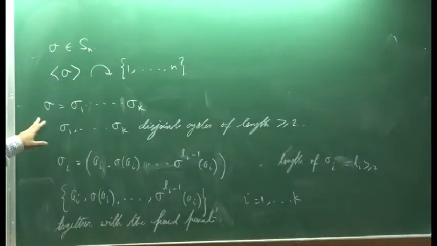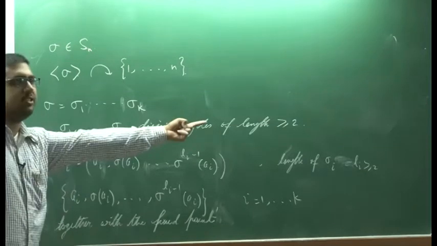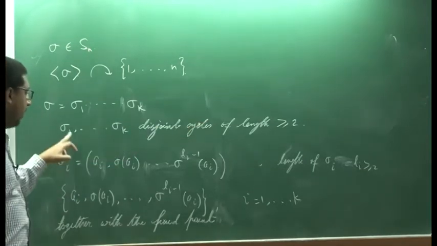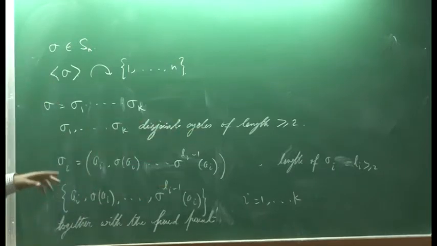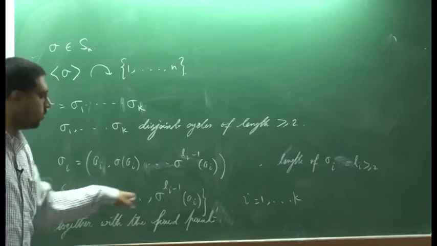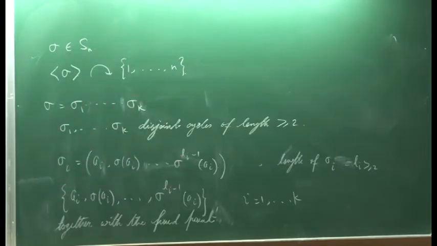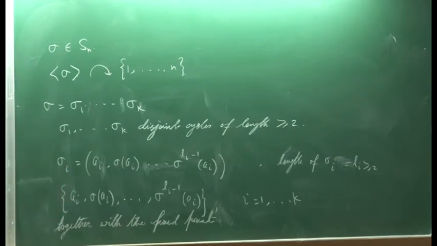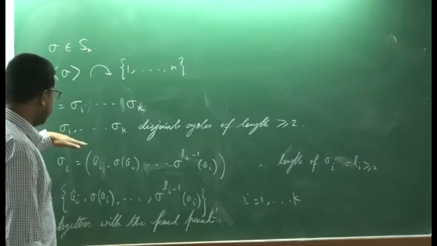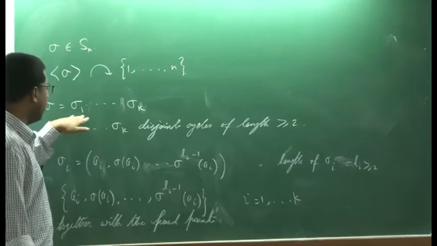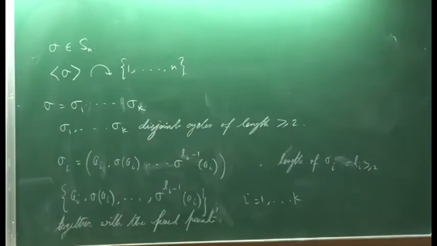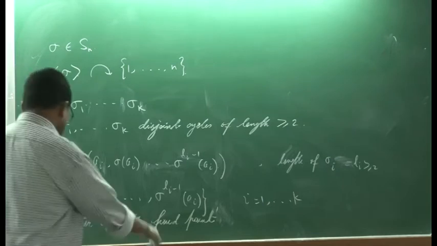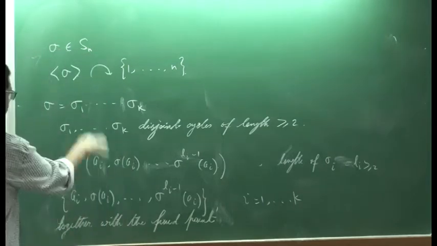So, if sigma is equal to sigma 1 up to sigma k, where these are the disjoint cycles having length at least 2, then from these cycles we can immediately see that from each of these cycles we obtain one orbit, and together with the fixed points we describe all the orbits in terms of sigma. Okay. So, thus we see that from any cycle decomposition of sigma we obtain the orbits, and this also gives us something interesting. So, try to again analyze this proof.